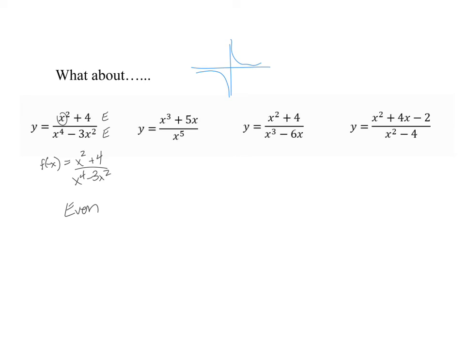The next example has odd powers on the top and odd powers on the bottom. So is odd divided by odd going to be odd? I don't know. Let's see. If we put in a negative for the x's, in this case it will switch our signs, so all of our signs will flip in the horizontal reflection.